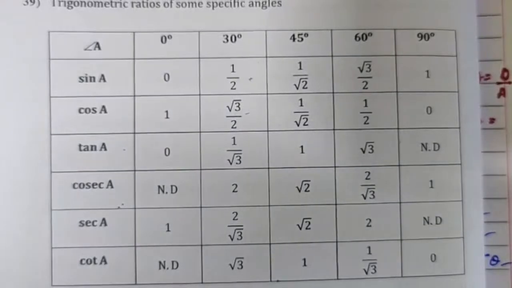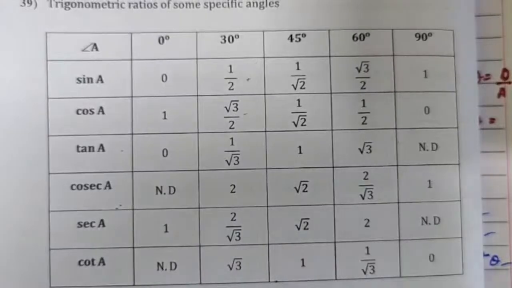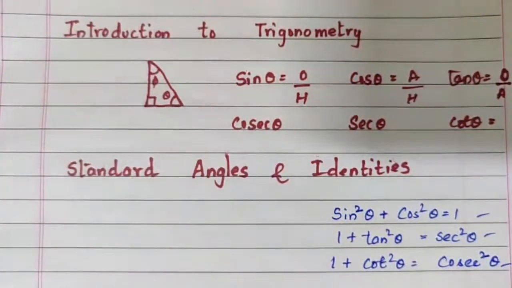Otherwise, if it is asked for 3 marks, you need to substitute the values and simplify for 3 marks. According to me, the questions from the textbooks are more than sufficient, which helps you to solve 3 mark questions in the exam.